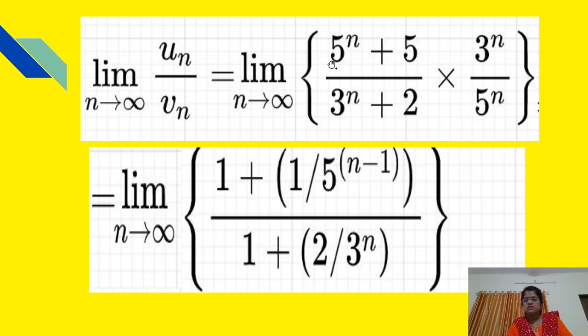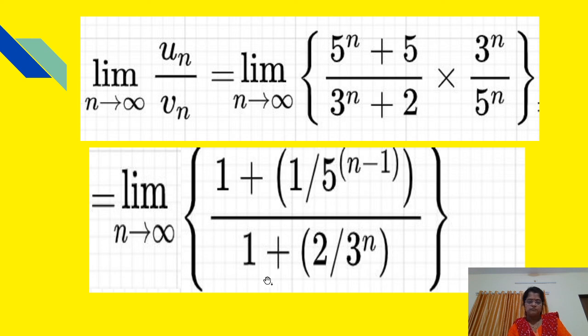Now from this part, that is 5 raised to n plus 5, we will take 5 raised to n common, and that 5 raised to n will get cancelled with this 5 raised to n, and inside the bracket there will remain 1 plus 1 upon 5 raised to n minus 1. Here we will take 3 raised to n common from this part, then that 3 raised to n will get cancelled with this 3 raised to n, and inside the bracket there will remain 1 plus 2 upon 3 raised to n.